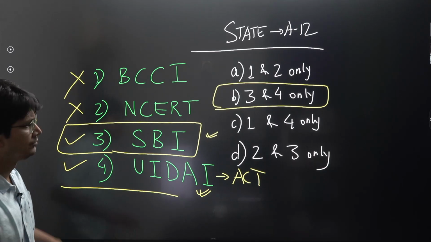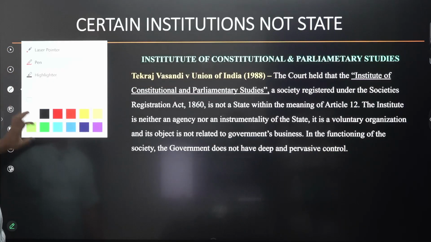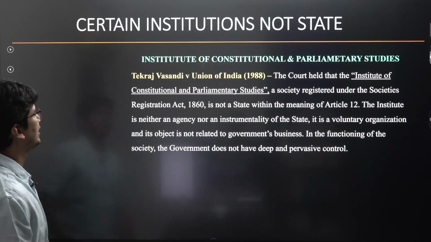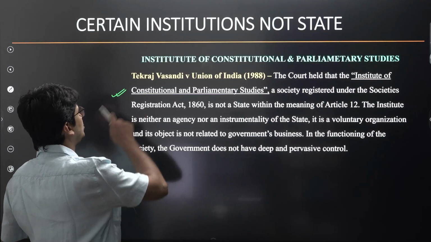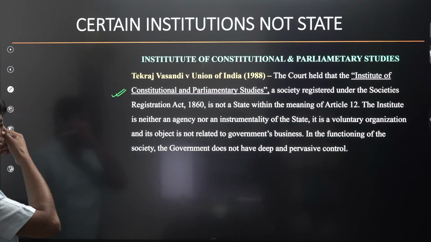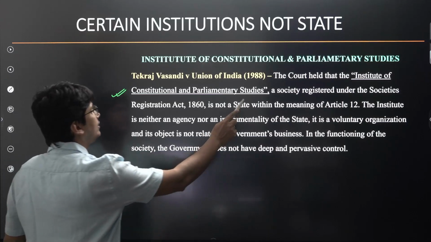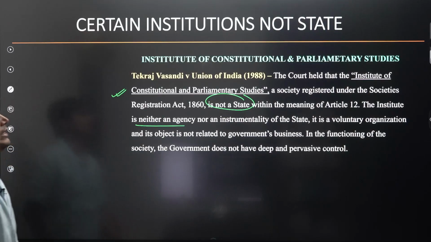Okay, let's go through this quickly. Now in this case, Tekraj Vasandi versus Union of India, the court held that the Institute of Constitutional and Parliamentary Studies, a society registered under the Societies Registration Act, is not a state within the meaning of Article 12. Why is it not a state? Because this institute is neither an agency nor an instrumentality of the state.